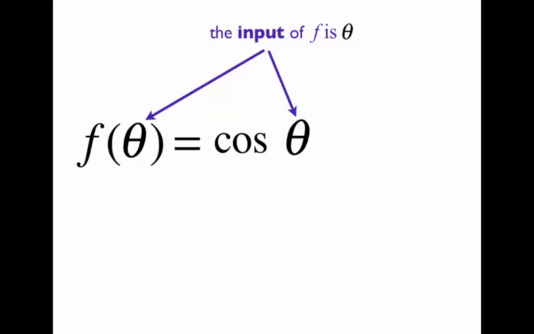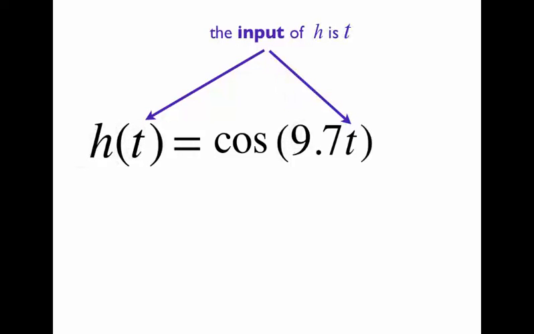We said f was cosine theta. And so the input of this function f is theta, which is the angle measure, counterclockwise from the 3 o'clock position. Then we switched and we looked at this h function, which was a function of t. The input of h is t.